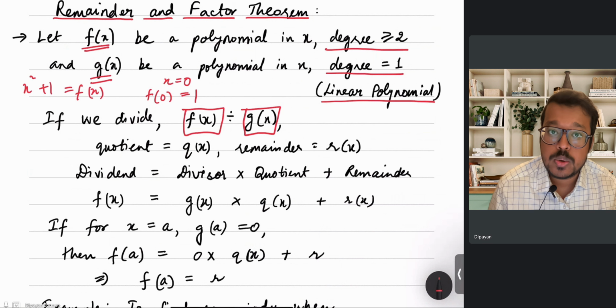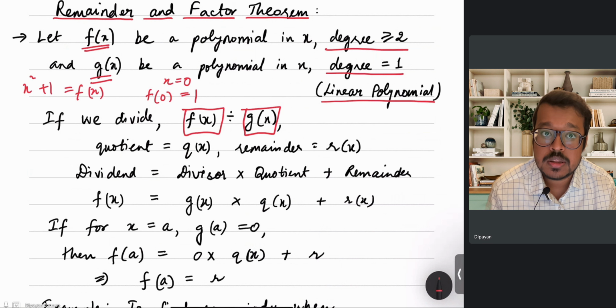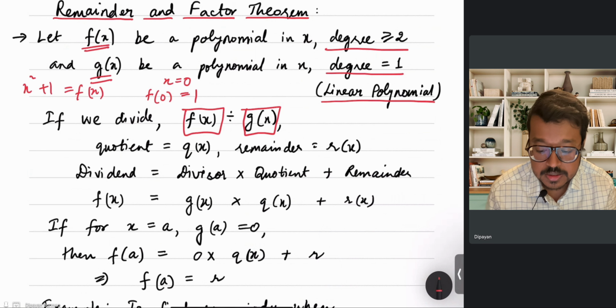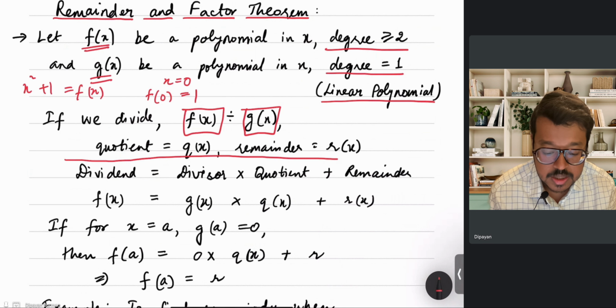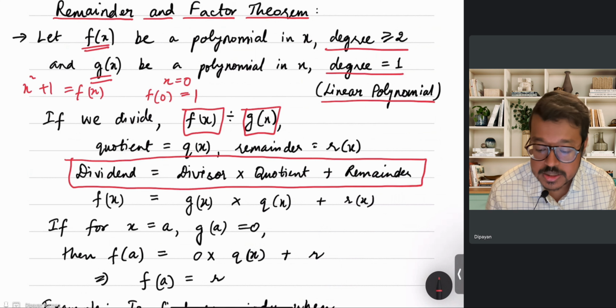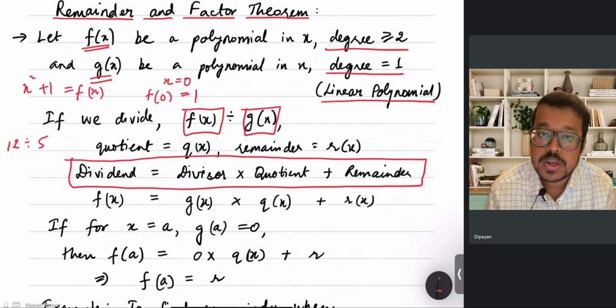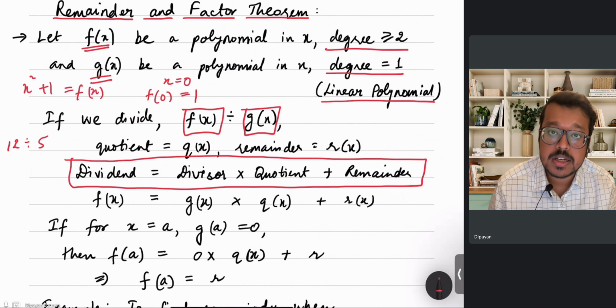Now whenever we are doing division, we have a dividend, divisor, quotient and remainder. This is true for whether we are dividing numbers or whether we are dividing polynomials. So the relation between these things is always that the dividend is equal to divisor multiplied by quotient plus remainder. For example, if I was dividing numbers like 12 divided by 5, then 12 is my dividend, 5 is my divisor.